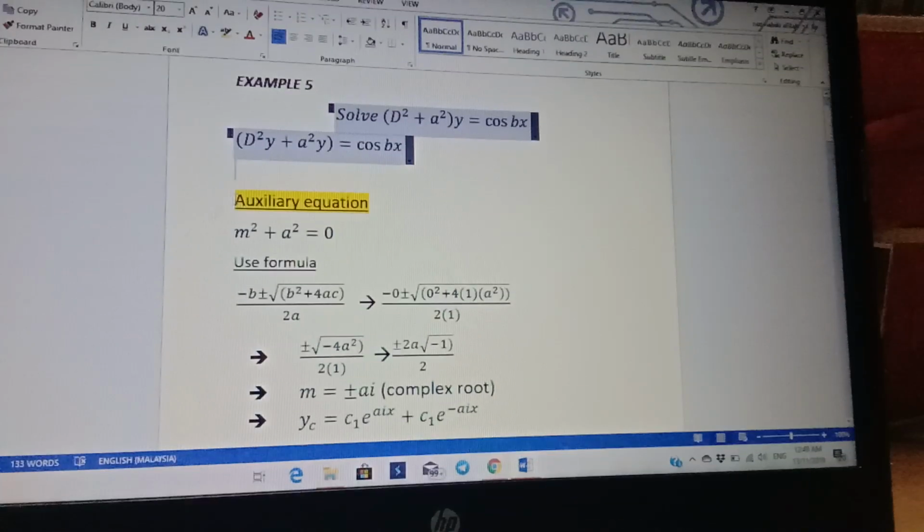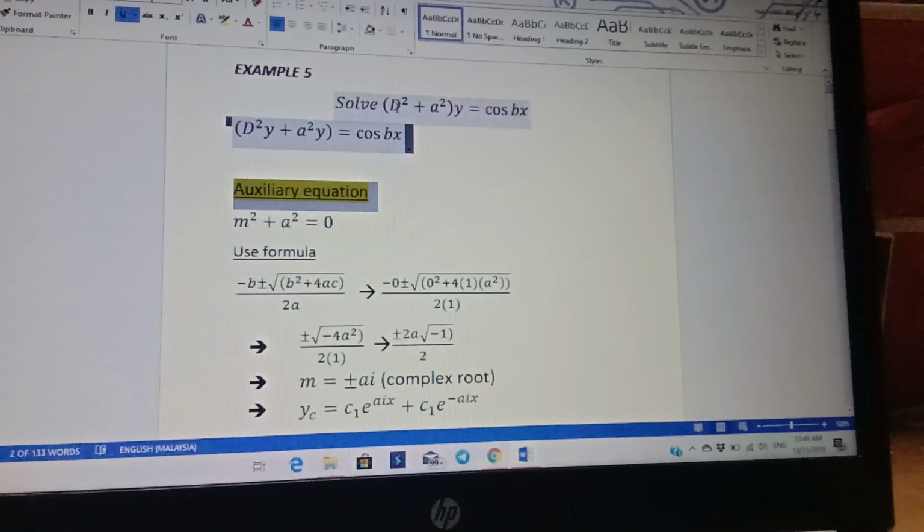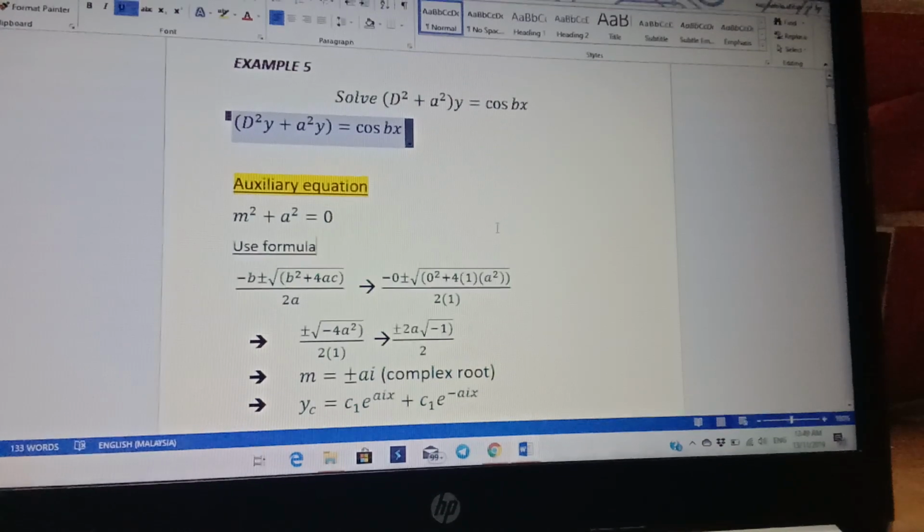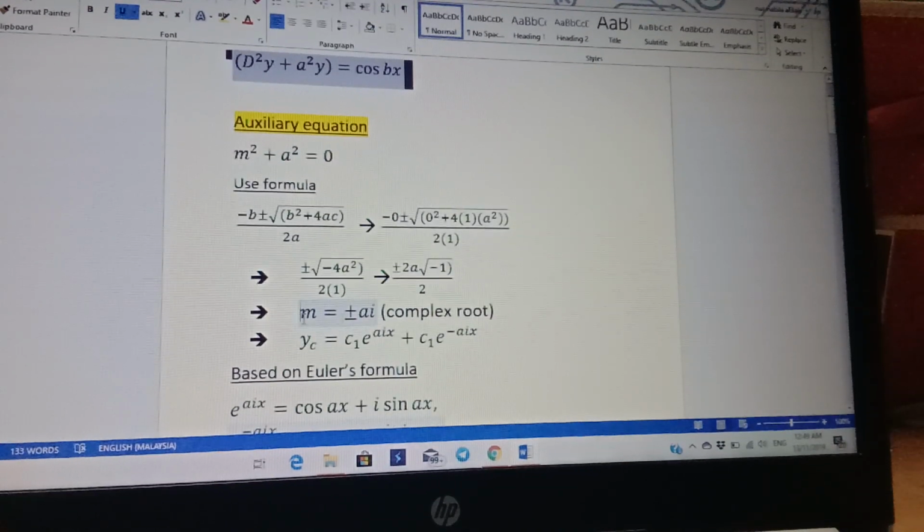Then for the auxiliary equation, we get m squared plus a squared equals 0, and we need to find m.